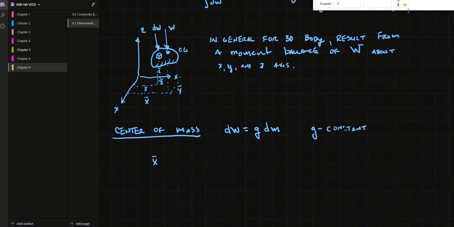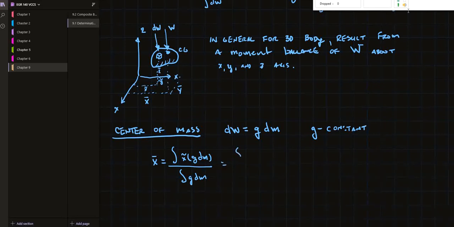We end up with x bar equals the integral of x tilde g dm instead of w over the integral of g dm, and you can see that we can divide out g here.